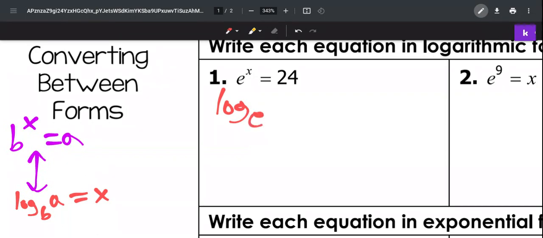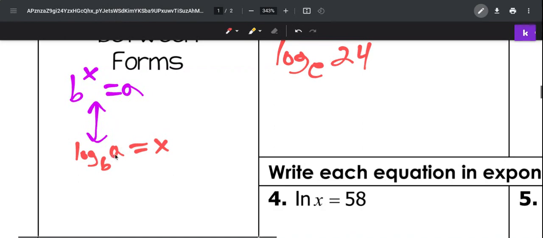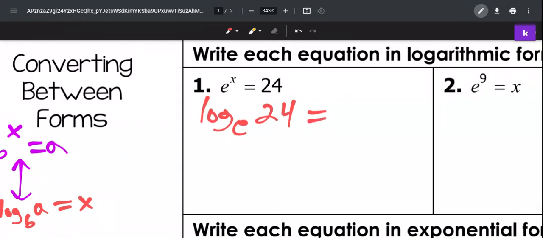So log base e. Then we skip over the exponent x and we go to a, which is 24. And it's a over here. So 24 goes next. Because if you look, we write a right next to our log base. So that's why we're putting 24 next. All right, so then that's equal to our exponent, which is x.